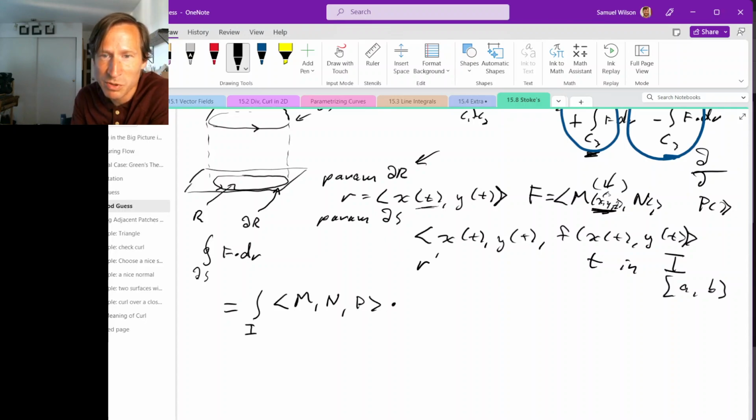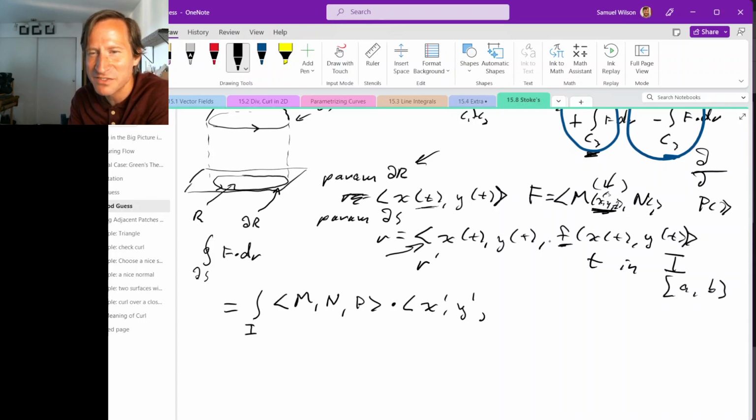What we need is r prime, and when I say r prime, maybe I should have called this one r. Okay, so we need the derivative of this parameterization, which is x prime, y prime, comma, and now we have to be careful. It's tempting to just write f prime, but f prime doesn't make any sense. Little f is not a function of t. Little f is a function of x and y, which are both functions of t.